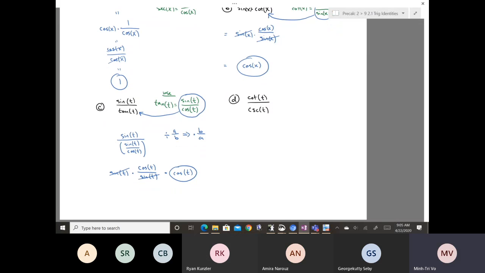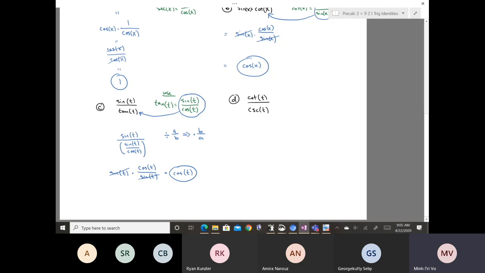Okay, so let's continue on to D. Again, it's going to be very similar. I just need to break this thing down. So we have cotangent and cosecant. Now both of these I should relate in terms of sine and cosine.